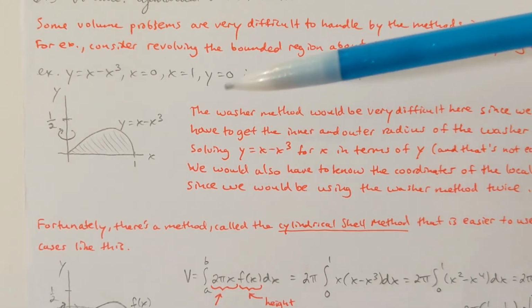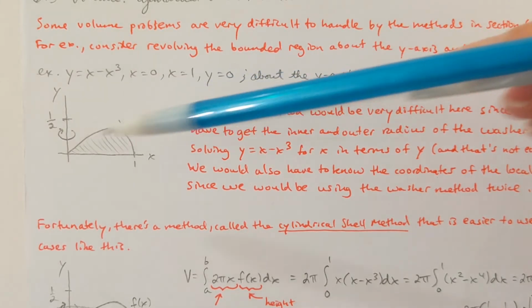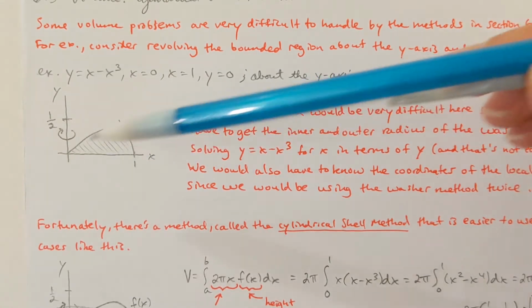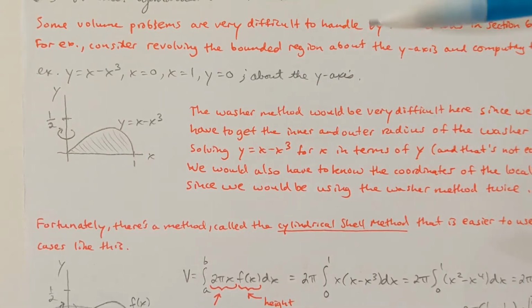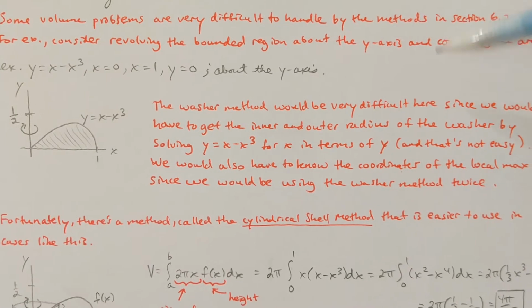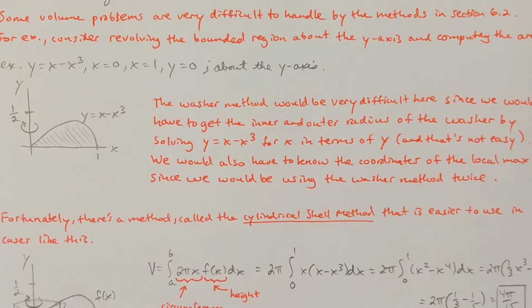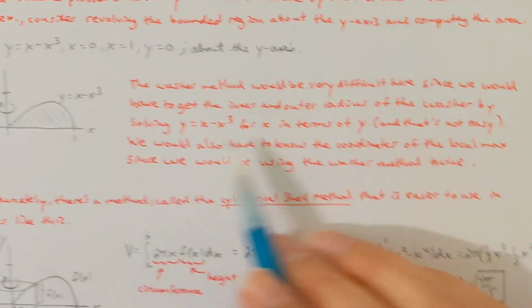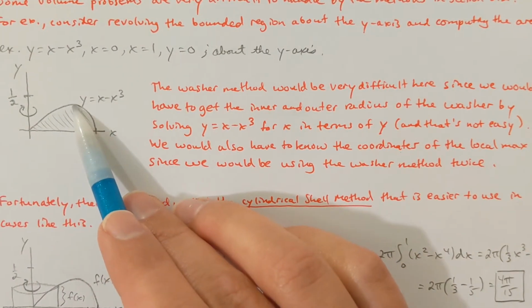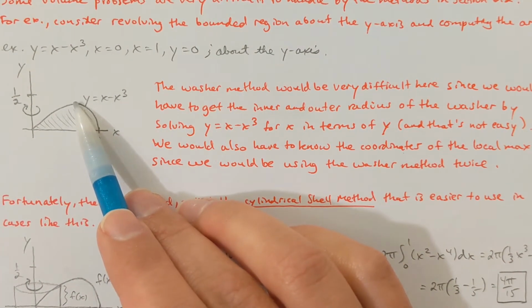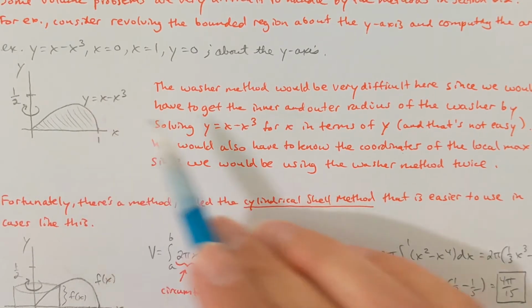Okay, because remember with the washer method you're working with right curve minus left curve. Well, the right and the left curve are the same curve here, so one of the things that I would have to do is know the coordinates of the local max. That wouldn't be an overly difficult thing to do, but I'd have to know that spot.